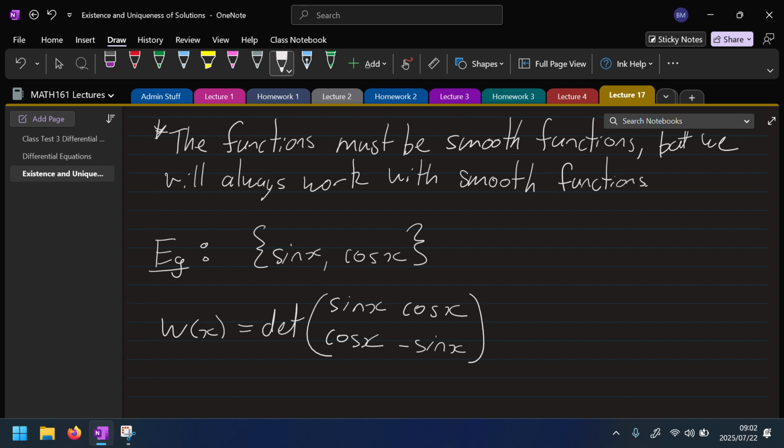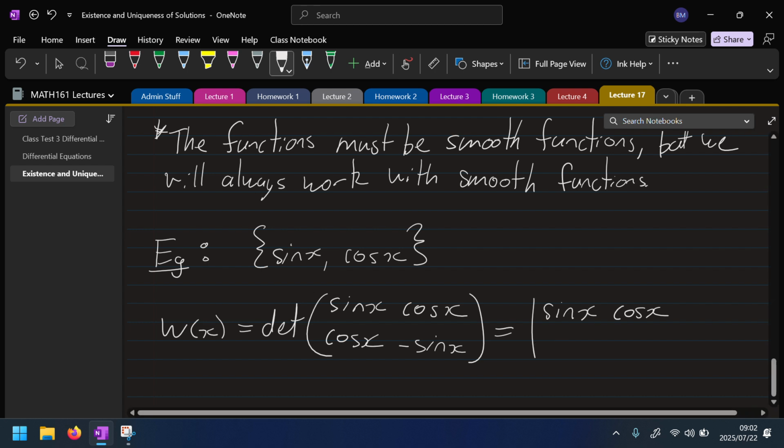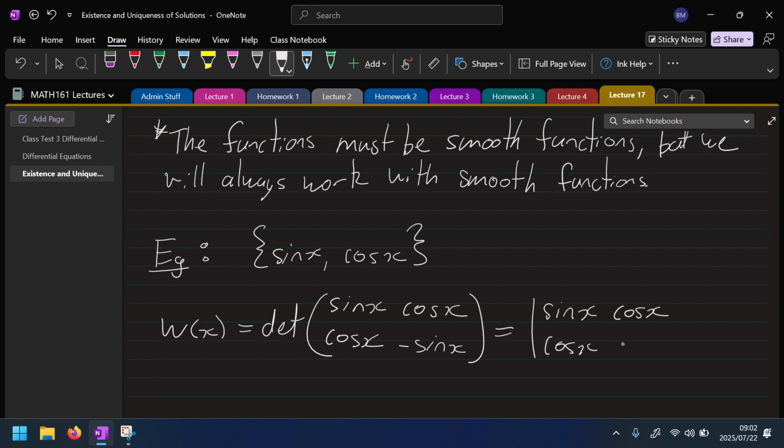Okay, so you can write it like that. There's another way you probably would have seen with that vertical line. So sin x, cos x, cos x, minus sin x. Okay, it's just notation. Use whatever you like. I don't care.